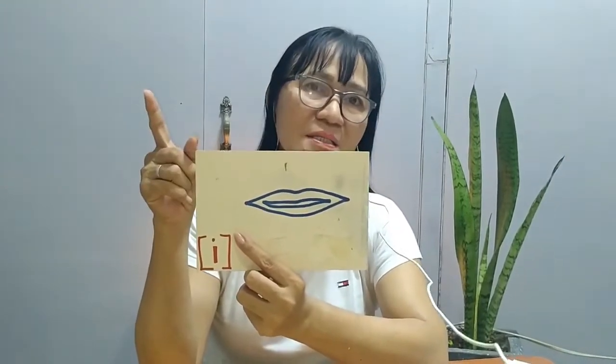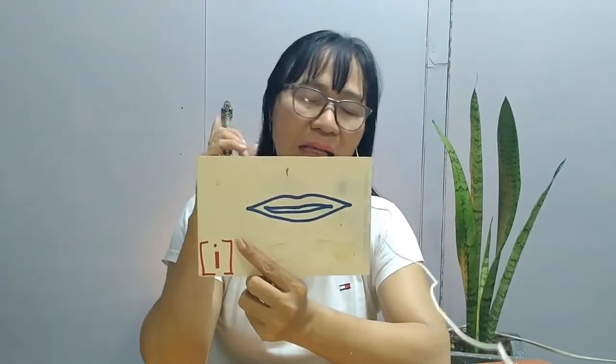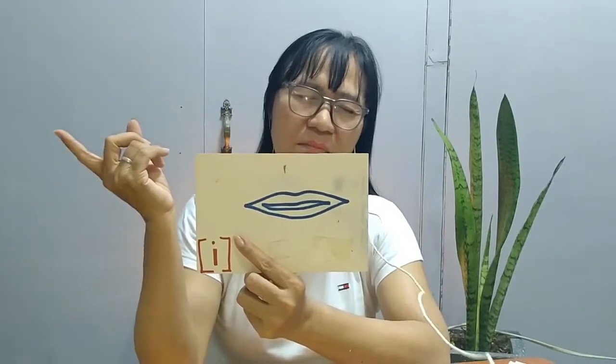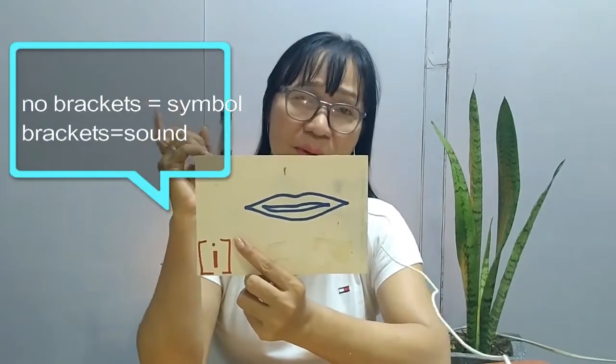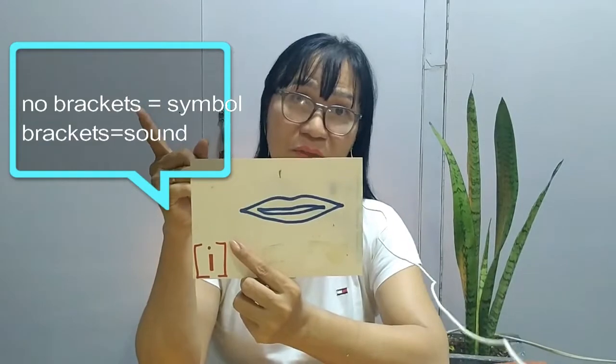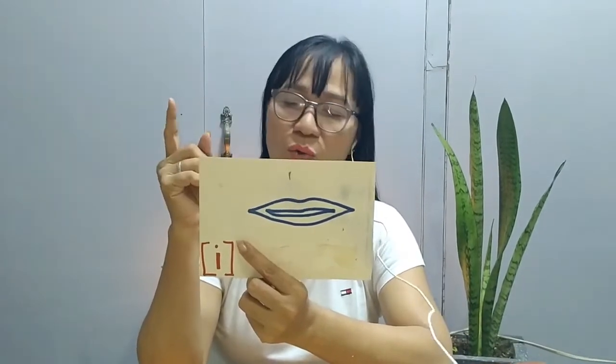So you see the difference? A symbol without brackets is a mere symbol, but a symbol enclosed with brackets is already a sound. That's the difference, okay? So the brackets actually produce the sound of the symbol.